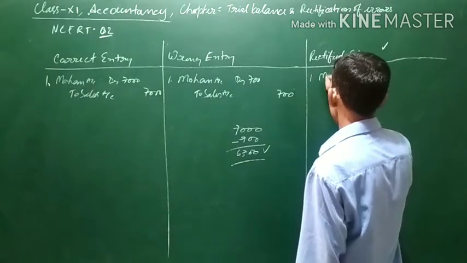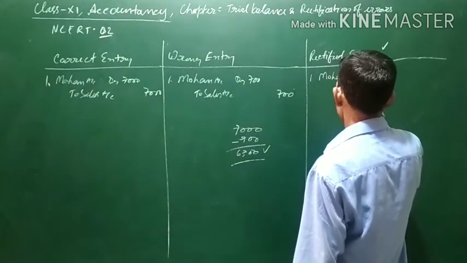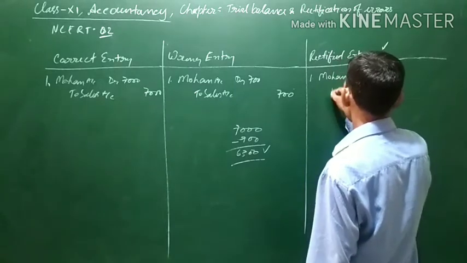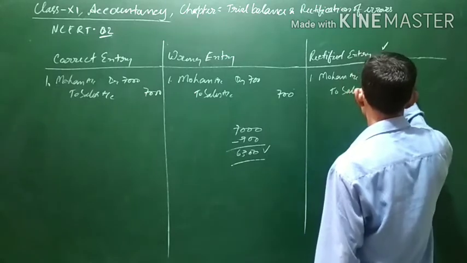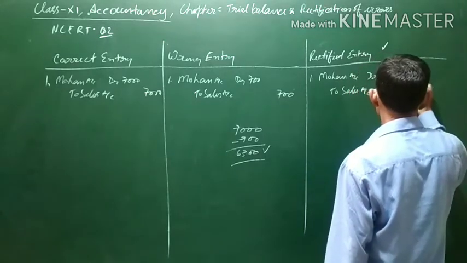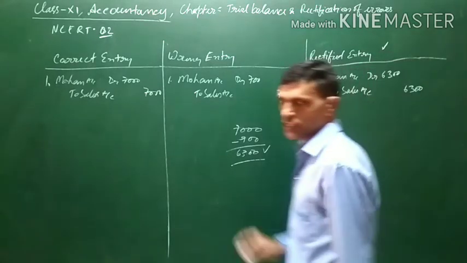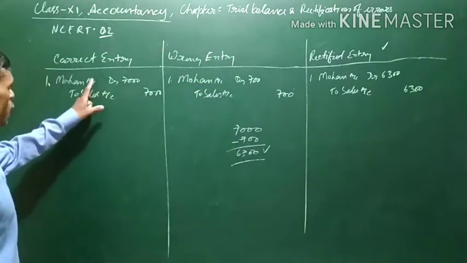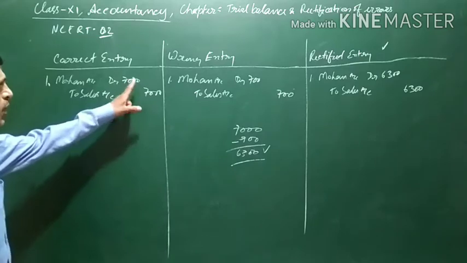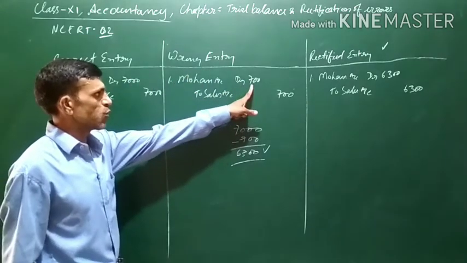We have to write this entry as Mohan account debit to sales account 6,300 and 6,300. This will be the journal entry, because our actual entry should have been Mohan debited with 7,000, but it has been debited with 700 only.